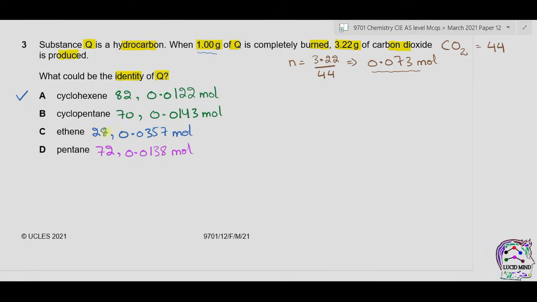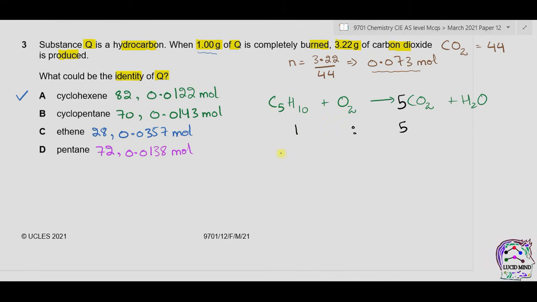Similarly, we can do it for all of the other compounds. We have cyclopentane. In cyclopentane, the formula is C5H10. It forms CO2 and H2O. Again, we need only to balance carbon atoms, so it will be 5 CO2, so 1:5.